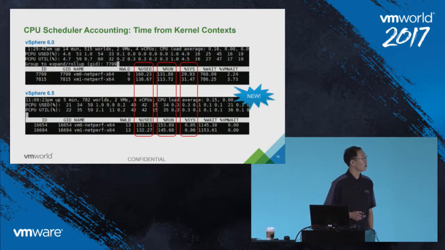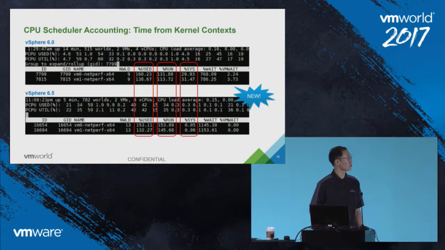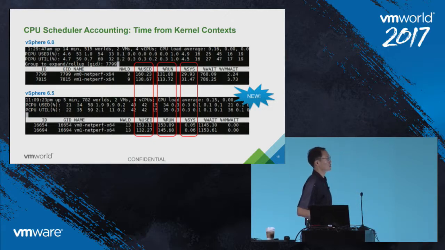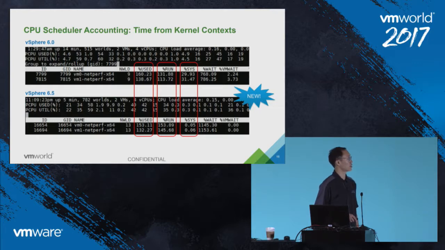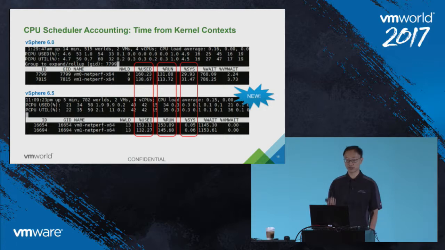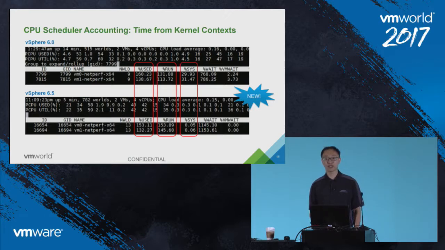Why? Because in 6.5, we moved some of the system time into the runtime of the VM. As you can notice, the system time in 6.0 is much higher than in 6.5. This is mostly to help you visualize accounting more intuitively. At the same time, which is not shown here, the overlap time becomes more and more negligible. So you probably don't need to worry about overlap time at all going forward.